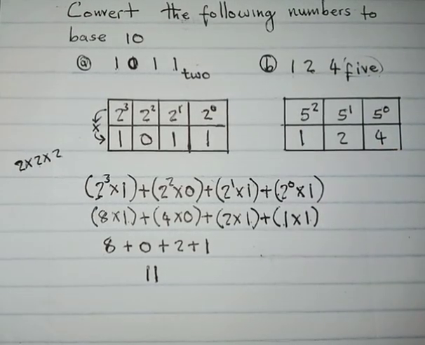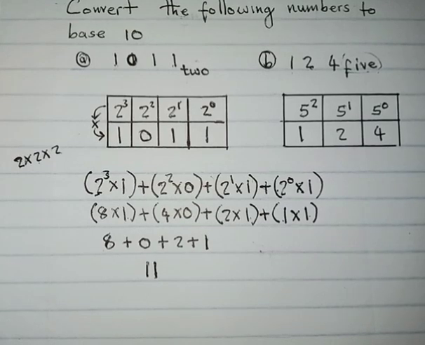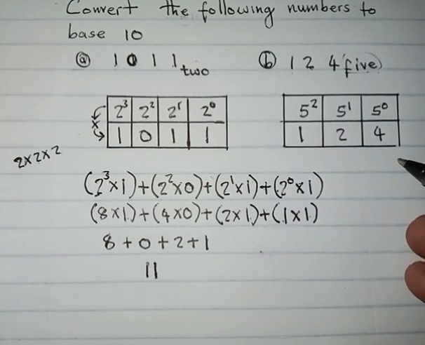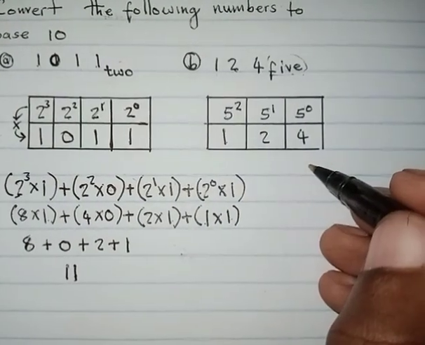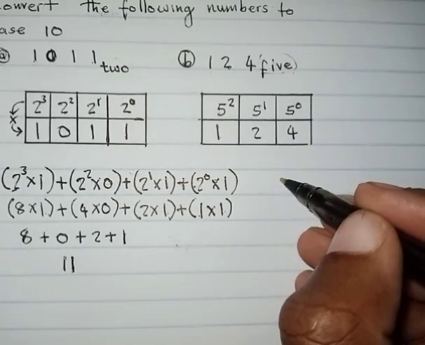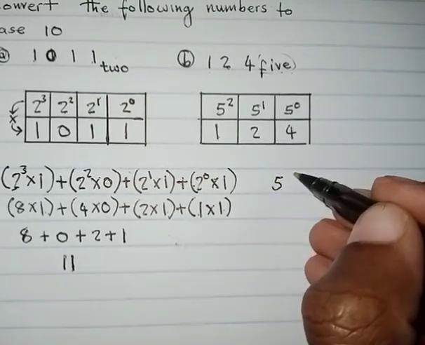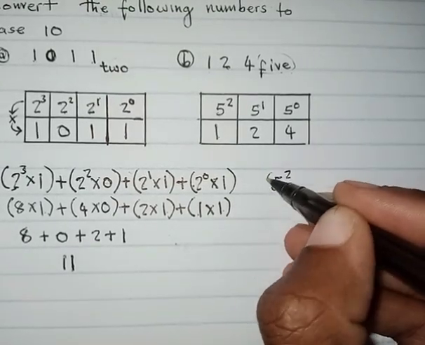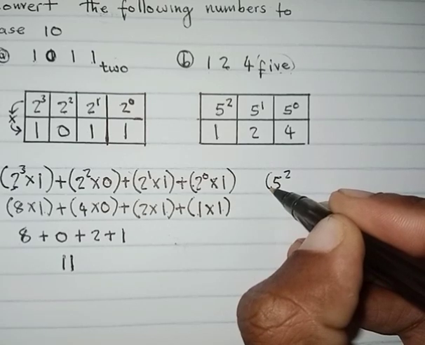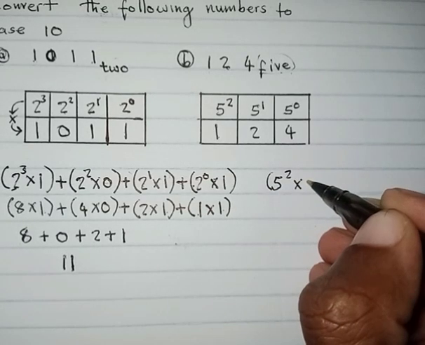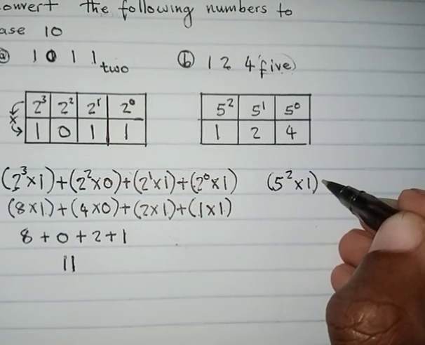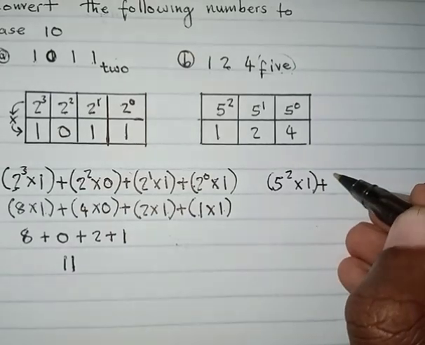Let us follow the same procedure so that we simplify. We have 5 to the power 2 multiplied by 1. Then we connect by addition.